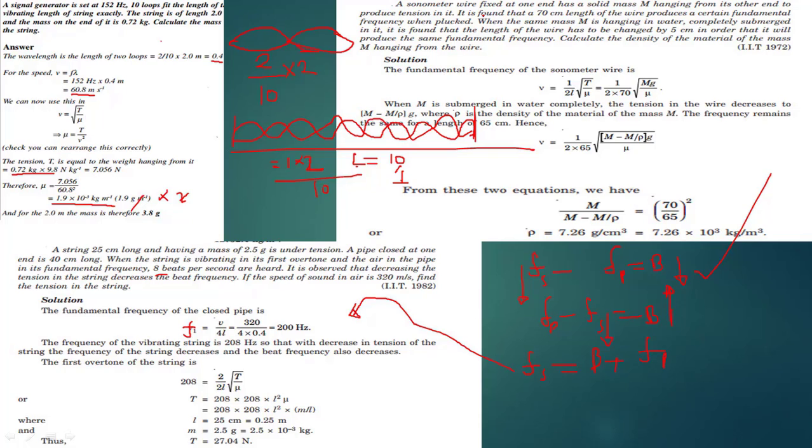So the key point ni hapo kwamba when the same mass is hanging in water completely submerged in it, it is found that the length of the wire has changed by 2 cm, kwa sababu ile weight ya mwanzo sasa hivi imepungua. So the string imepungua, sababu tunajua kamba ukiivuta inakuwa ni spring au wire ambayo ni elastic, ukiivuta unakuwa unaongezeka size.